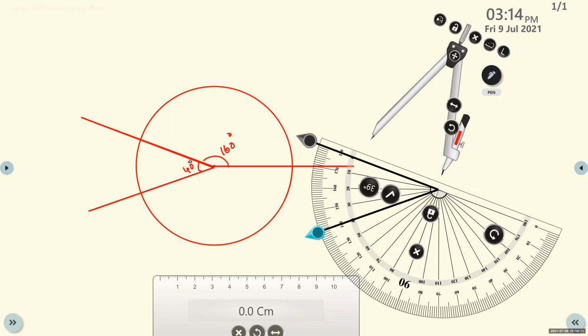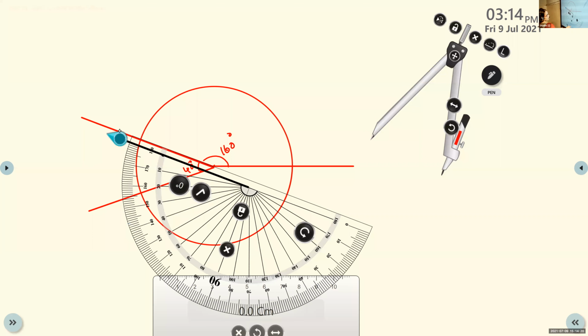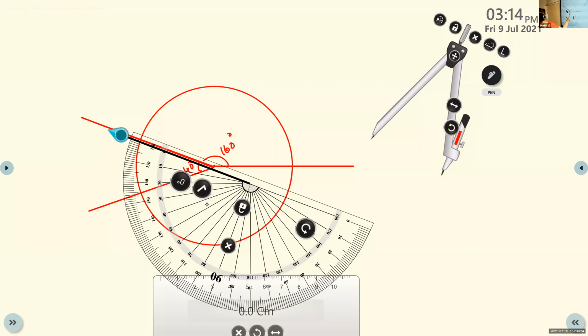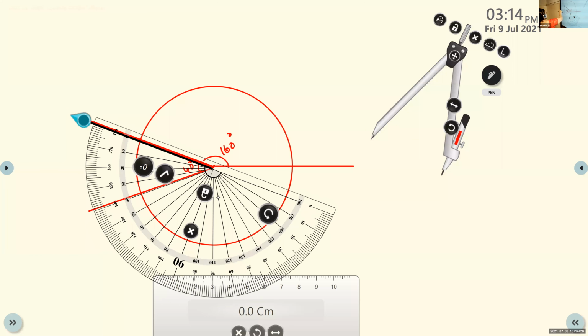Okay. Now again, we can take our protractor.